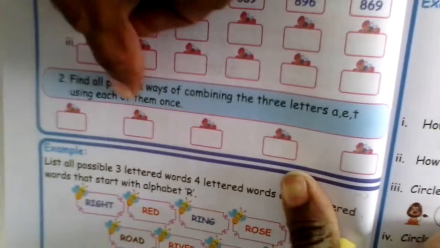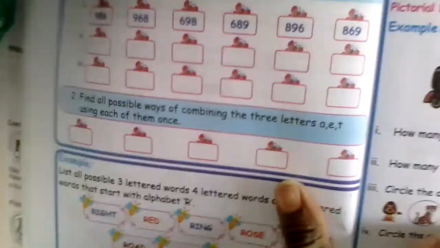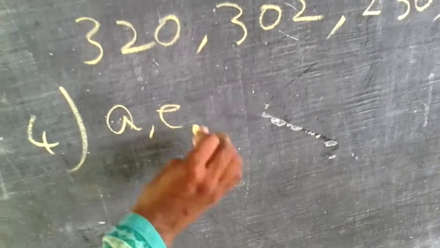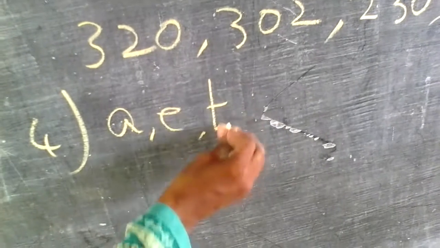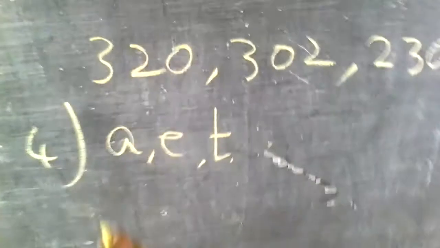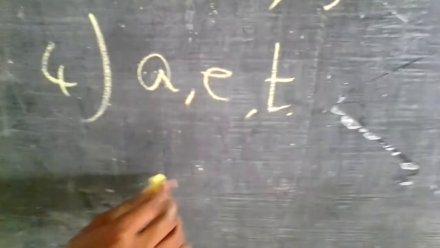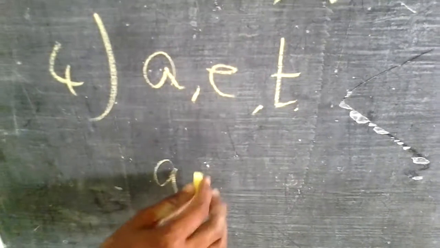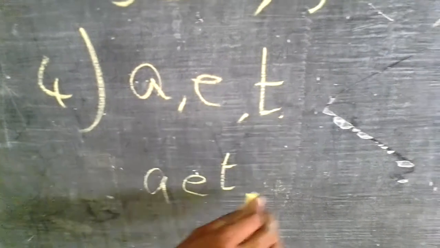Okay, next. Find all possible ways of combining three letters A, E, T using each of them once. Right? Let's do that. A, E, T. The information we got is A, E, T. Again, let me start. So I will write A, E, T. This is the way I can write.